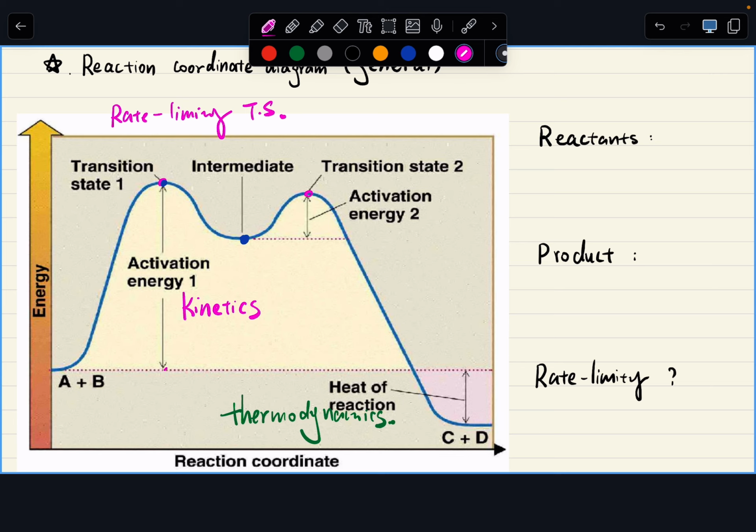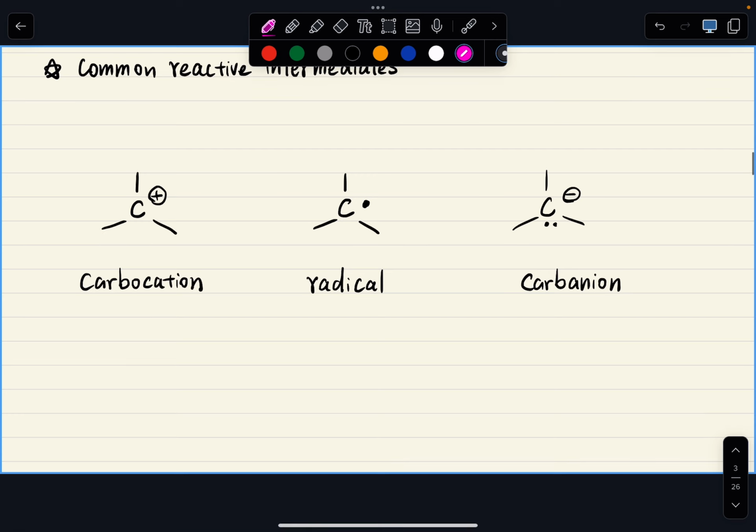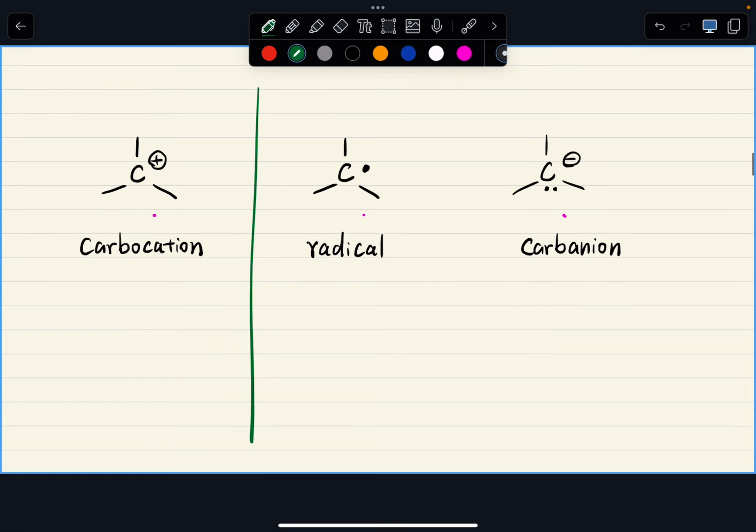In our last lecture, we also discussed reactive intermediates. So what are the three classes of reactive intermediate we discussed? You either have a carbocation, a radical, or a carbanion. So that's the series we went over. For carbocation, we say the tertiary is more stable than secondary, than primary.